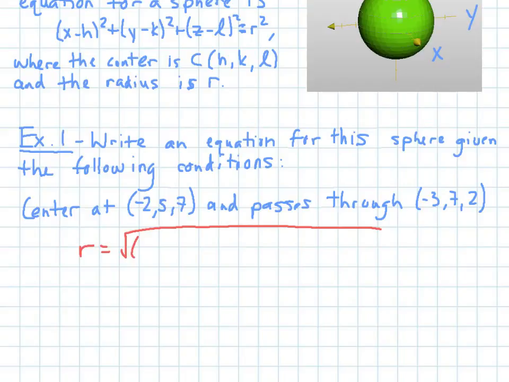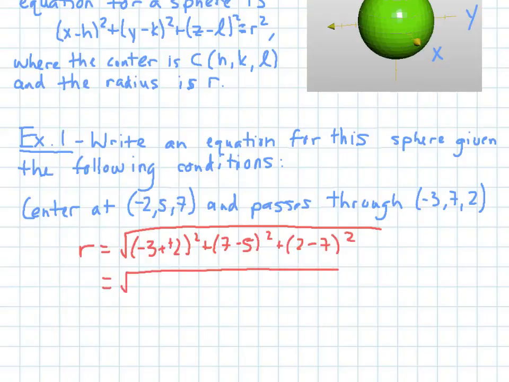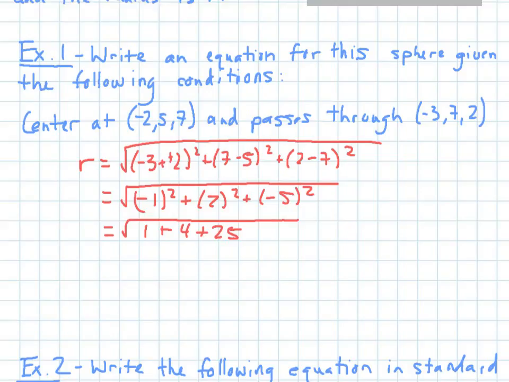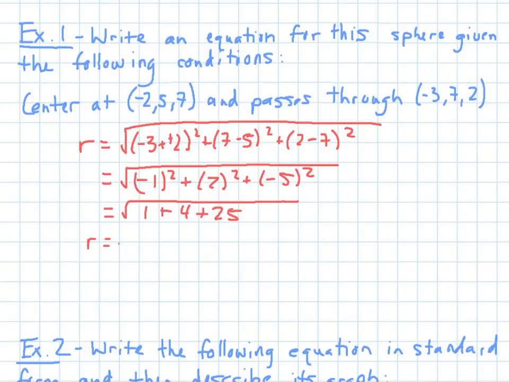It doesn't matter the order: negative 3 minus negative 2 squared, plus 7 minus 5 squared, plus 2 minus 7 squared. Double negative makes it positive, so that gives negative 1 squared, 2 squared, and negative 5 squared. Squaring those gets 1, 4, and 25. Together, your radius should be the square root of 30.